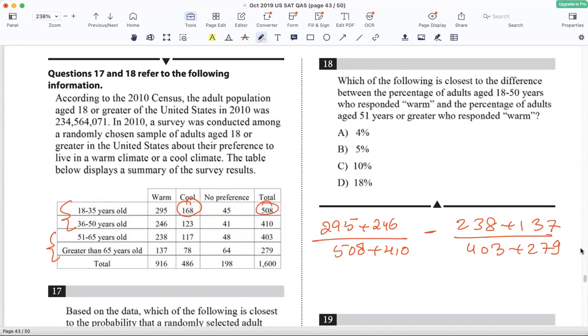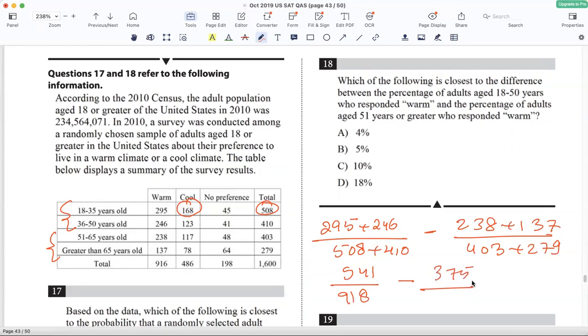295 plus 246. So this is 541 divided by 508 plus 410. So this is 918. And 238 plus 137 is 375.